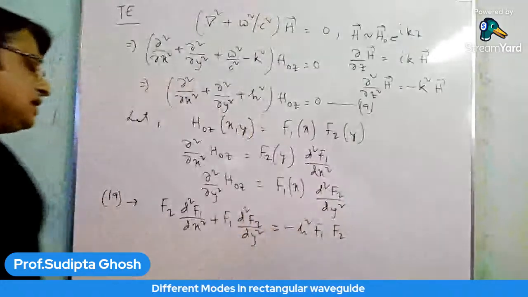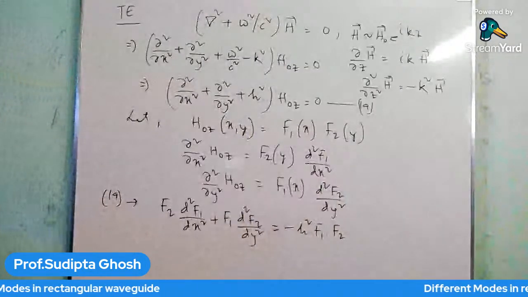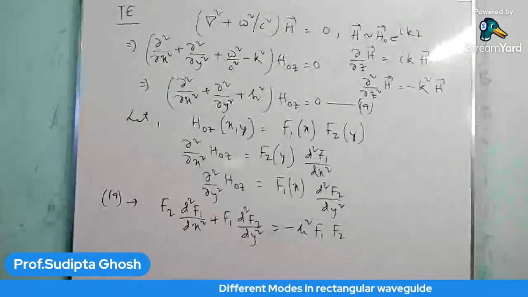I am not going to write the functional form f1x, f2y again and again, just f1 and f2.